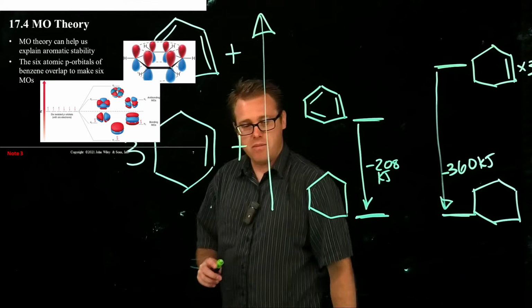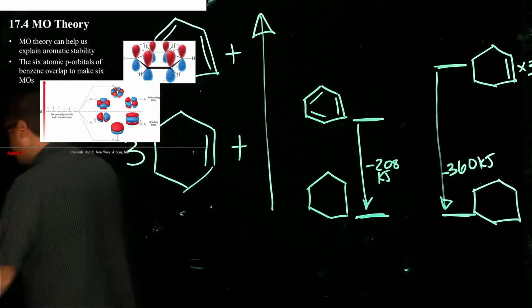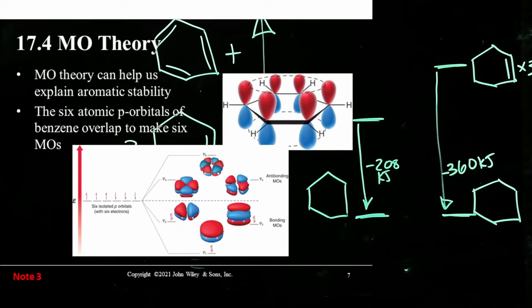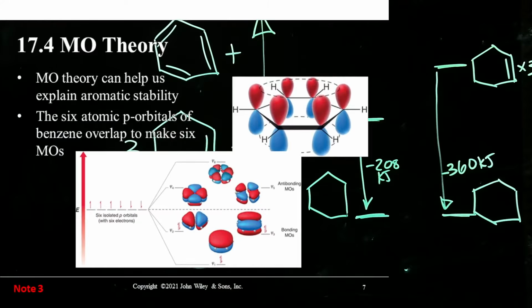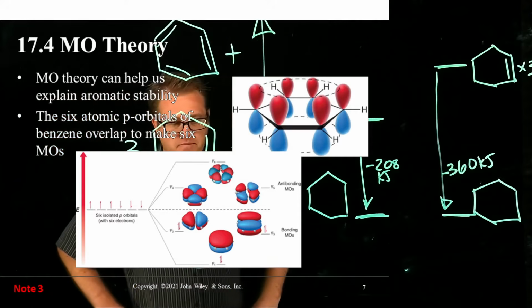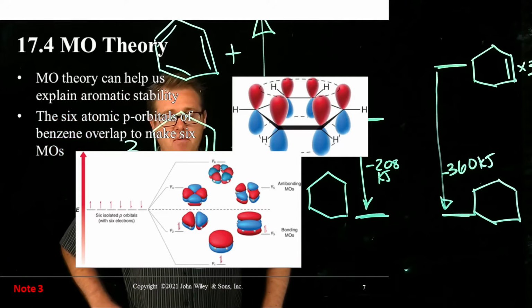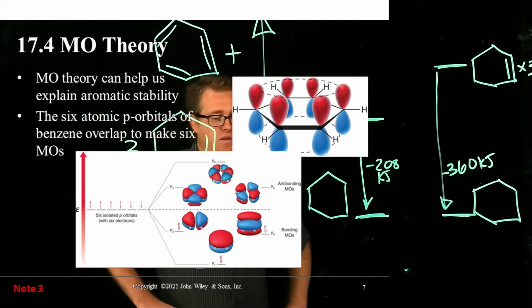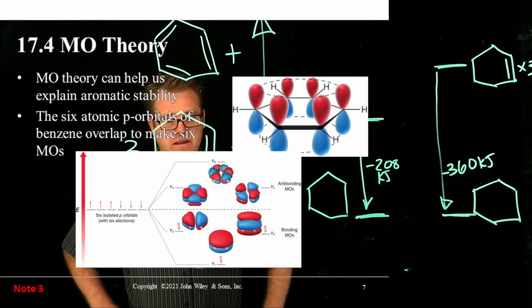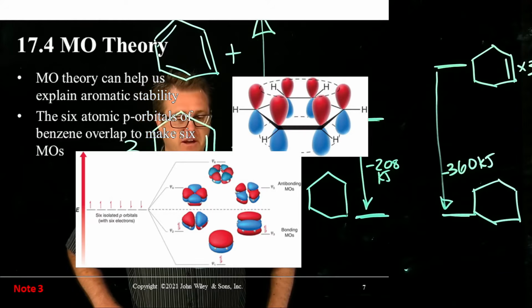So I'm going to go and make this slide a little bit bigger. So what you see here is the MO diagrams for the benzene. Now look at that top right figure.